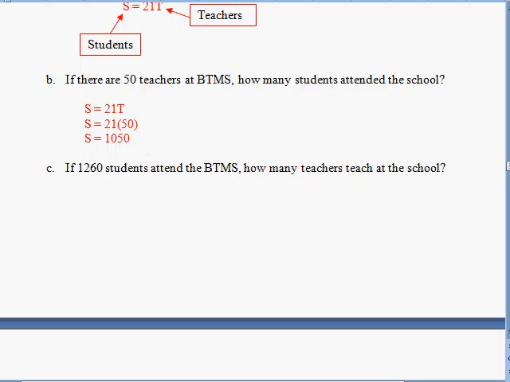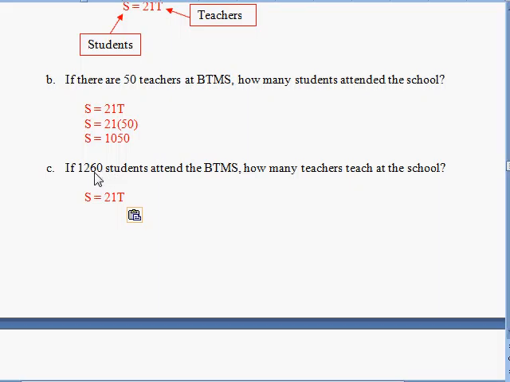Now we're on to letter C. If 1,260 students attend the Burlington Township Middle School, how many teachers attend the school? Again, using the same formula that we have been using all along, we're going to do the exact same type of thing, but this time we know what the students are.